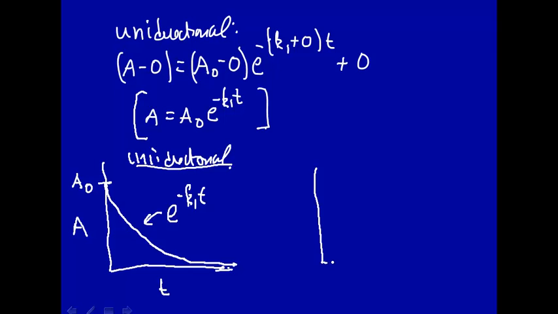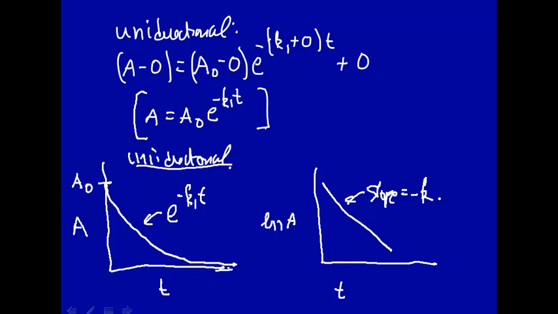If one does a semi-log plot, taking the natural log of A versus time, you'll get a straight line whose slope is equal to minus the forward rate constant K1, and whose intercept is the natural log of A0.